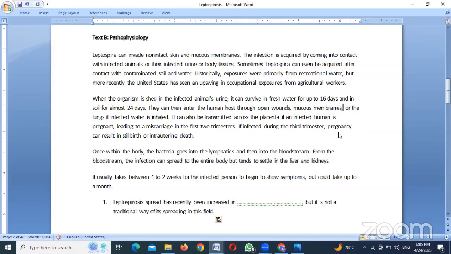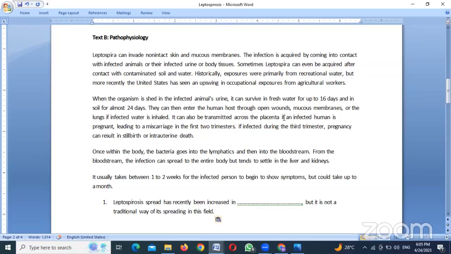Okay, let us see. Miss Farah, what is your answer? Sir, in the last row it is mentioned that more recently in the United States there has been an upswing, and upswing is a synonym for an increase in occupational exposures from agriculture workers. So occupational exposures is the answer, I think.